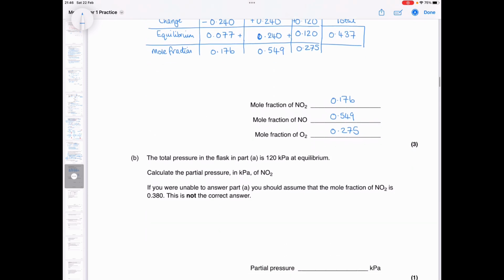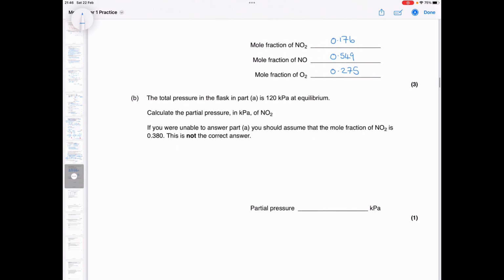The total pressure in the flask is 120 kilopascals. Calculate the partial pressure of NO2. So the partial pressure is equal to the mole fraction multiplied by the total pressure.